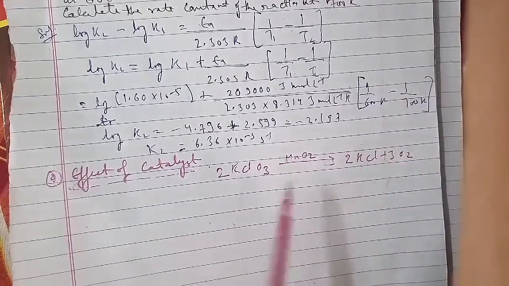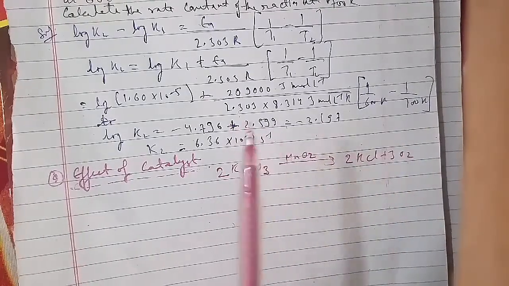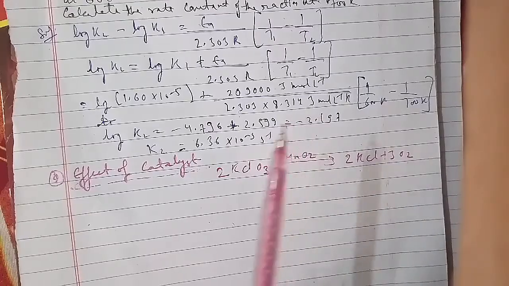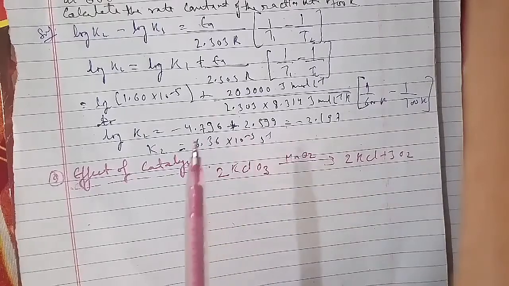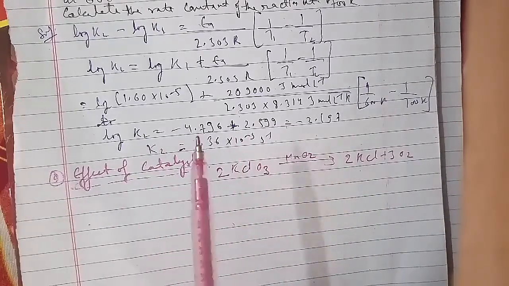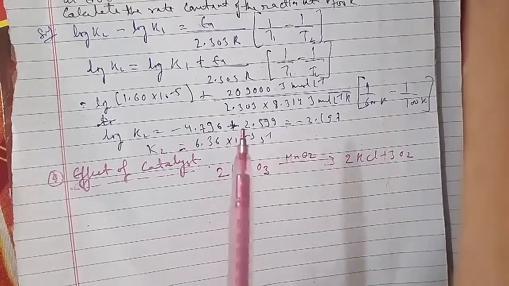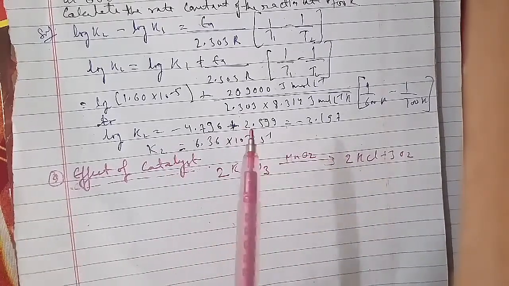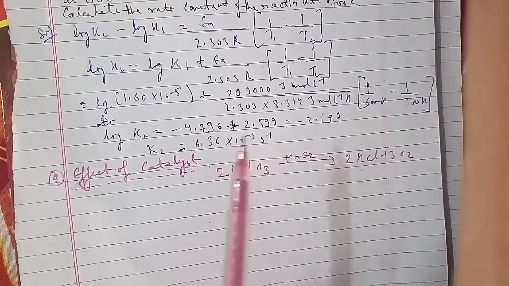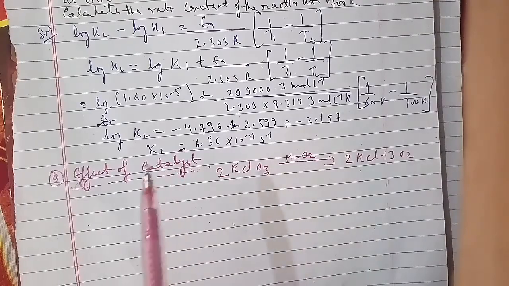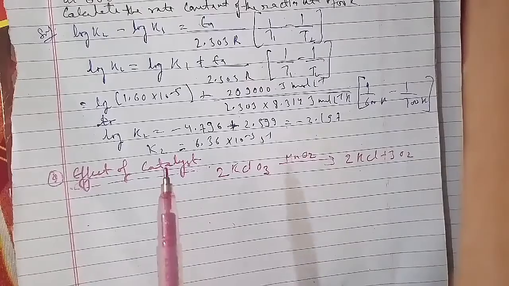It is believed that the catalyst provides an alternative pathway or reaction mechanism by reducing the activation energy between the reactants and the products, and hence lowering the potential energy barrier. For that we have a graph here, representing a reaction with catalyst.